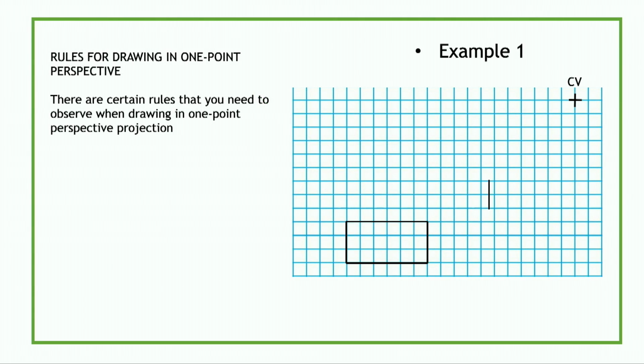There are certain rules that you need to observe when drawing in one-point perspective projection. Square grids will be used at this level. On this slide, you have been given the front face of an object and its center of vision. We also have the limit line for its depth.